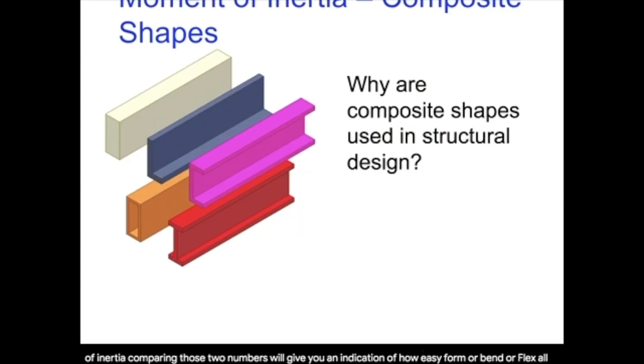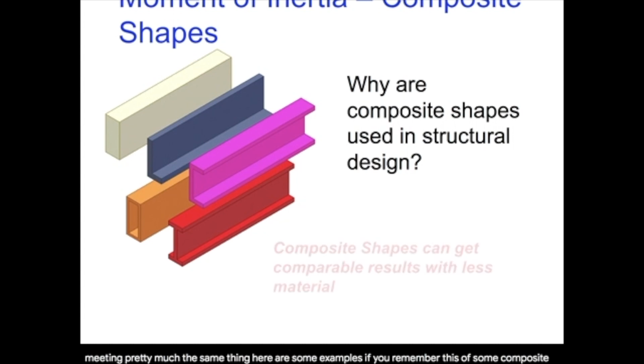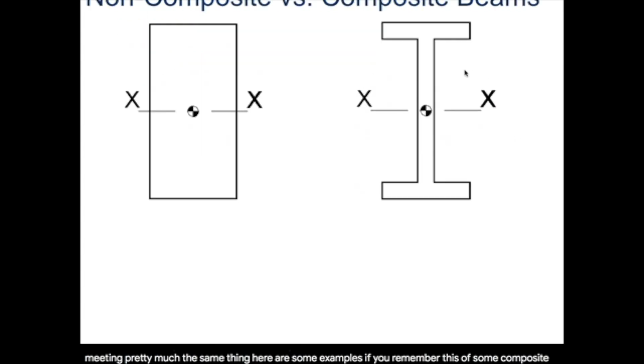Here are some examples, if you remember this, of some composite shapes, and we're going to compare the shapes of the materials to a beam in its standard position. So here's the beam, and this is just a normal beam, nothing cut out of it, and here you have what we call an I-beam. Looks like the letter I. And you can see this material right here and right here have been cut out of this beam.